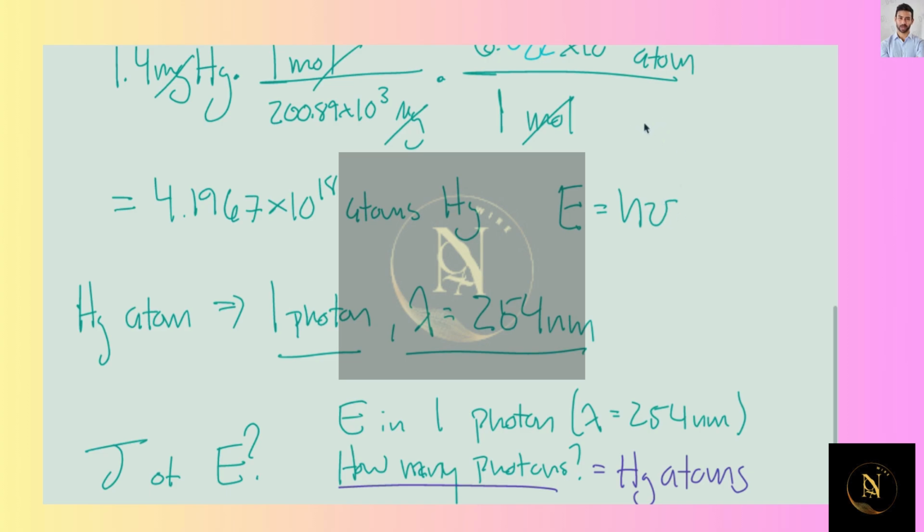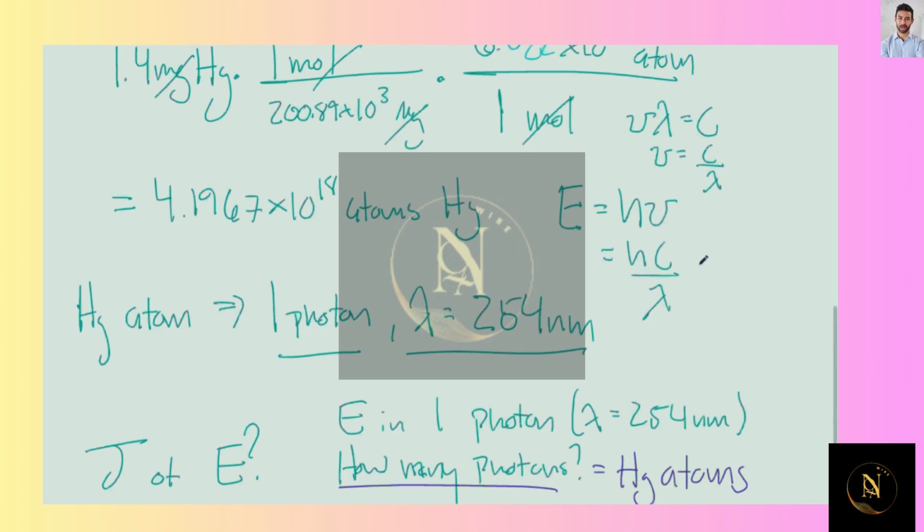Remember that the frequency of the light times the wavelength of the light is equal to the speed of light. Or we could say that the frequency is equal to the speed of light over the wavelength. There's a little bit of algebra here, which means that the energy is equal to hc over lambda. So Planck's constant times the speed of light in meters divided by the wavelength in meters should tell us the energy of a single photon.